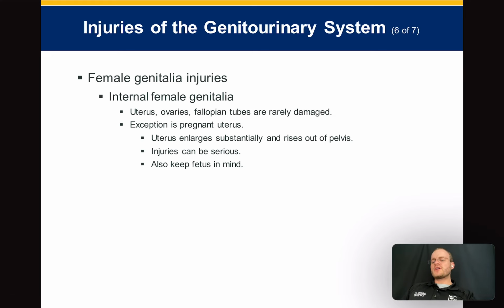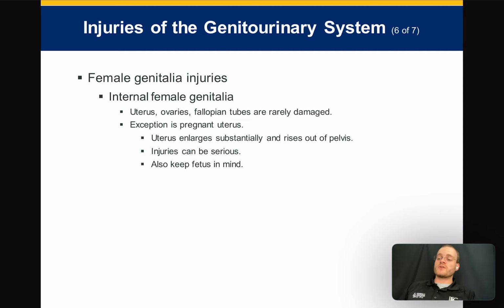Now, internal female genitalia, they're actually fairly well protected. This doesn't happen very commonly, but you can technically rupture the uterus, especially in late-term pregnancy with like a seatbelt, but that would be rare, okay? For this to happen to someone who's unpregnant, to rupture or damage the uterus or fallopian tubes, astronomically rare.